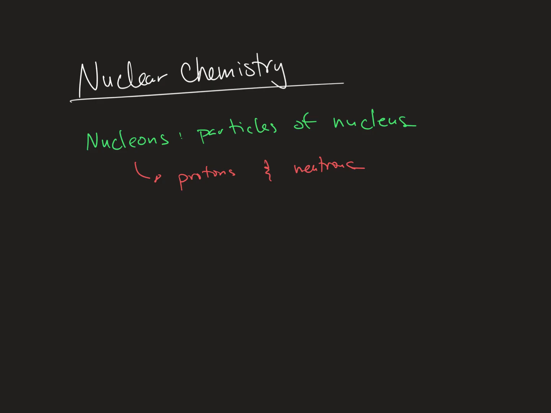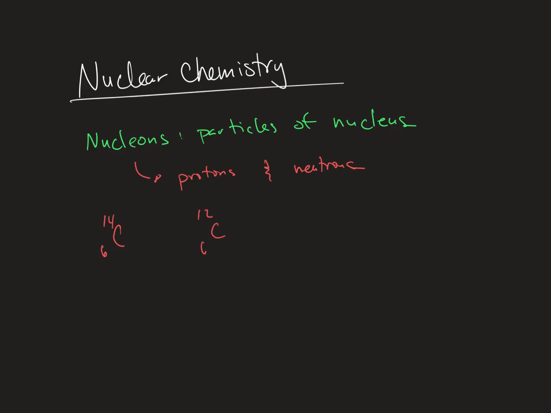All right. So elements have several different naturally occurring isotopes. You guys remember what isotopes are? Who can tell me what an isotope is? It's an atom with a different atomic mass. Yeah. Different number of neutrons, same number of protons. Do you remember that? So we can have carbon 14, for example, and carbon 12.